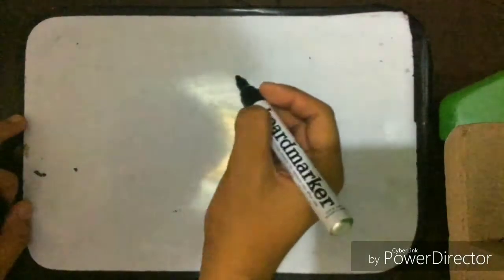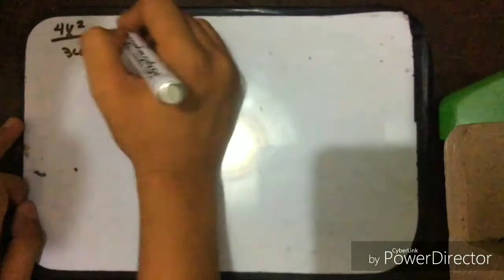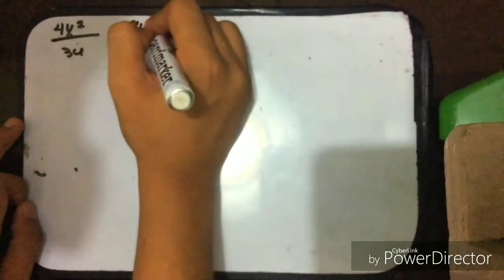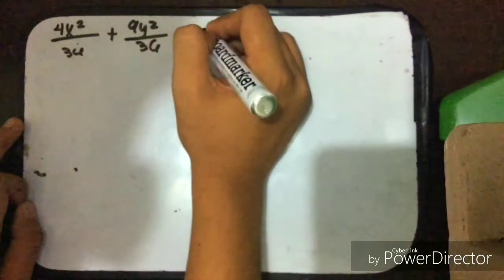So now I'm going to give you some examples to prove that this equation is for the ellipse. So the given is 4x squared over 36 plus 9y squared over 36 equals 36. Now all divided by 4.